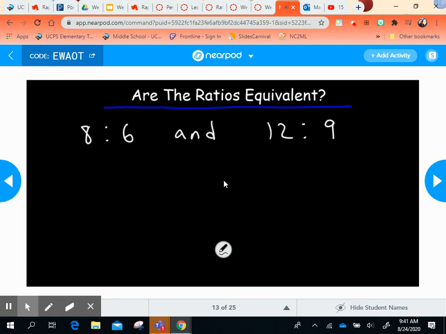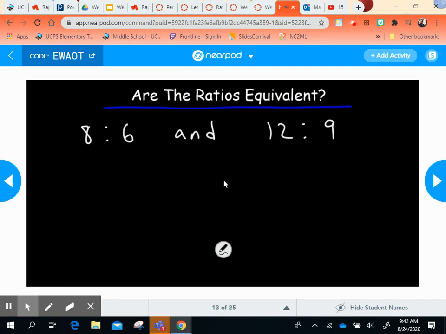Well, there are 2 ways in which we can do so. First, we need to convert the ratio into a fraction. And then we could simplify the 2 fractions and see if they're equal to each other. If they are, then the ratios are equivalent to each other. The second option is to convert them to fractions, set the fractions equal to each other, and check to see if the cross products are the same.